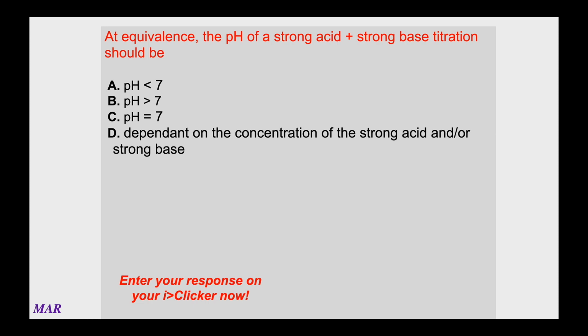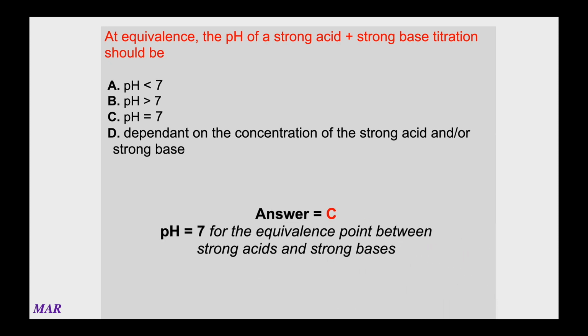At equivalence, the pH of a strong acid plus strong base titration should be, and there's 3 possibilities. Well, on that graph, you can probably see that the pH was equal to 7. Strong acids and strong bases annihilate each other. They totally knock themselves out, and if you're at equivalence, the moles are equal. So the products will be water and some kind of neutral salt.